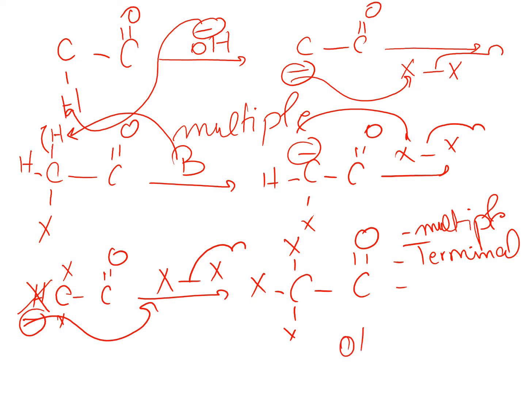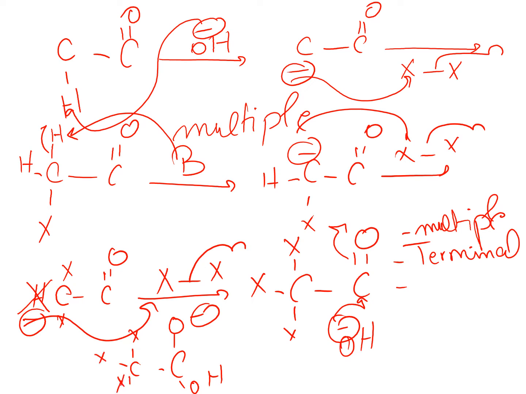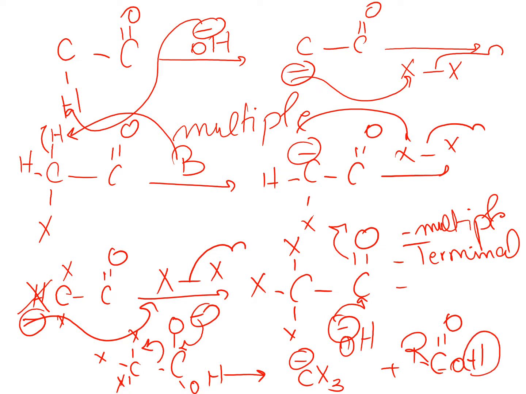The final product is that your base will then attack the carbonyl, will act as a nucleophile and attack your carbonyl, breaking the double bond between the carbon and the oxygen, and then the carbonyl reforms, throwing away what we call iodoform or haloform, and it gives you the carbonyl in the form of an acid. A proton exchange takes place where the hydrogen moves to the haloform, leaving the sodium salt of the acid. This is how the base catalyzed reaction proceeds.